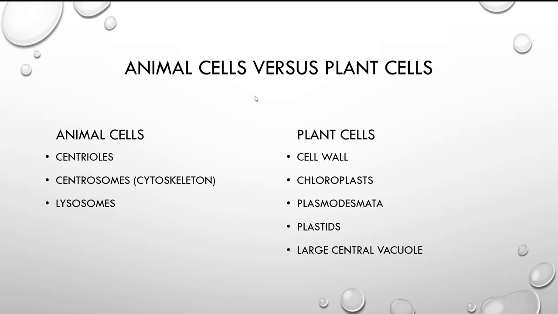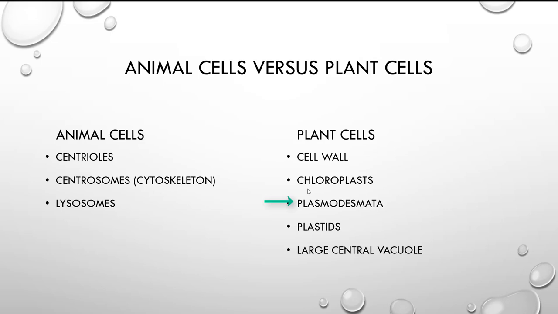Okay, so now we're going to get into animal cells versus plant cells. So the difference between an animal cell and a plant cell. We talked a little bit about this already at the beginning, so we'll go through some of these. So we know that plant cells have the cell wall that surrounds. We'll talk about that with the plasmodesmata.